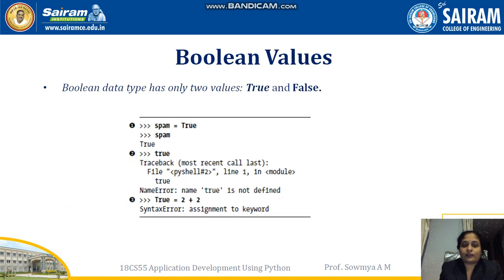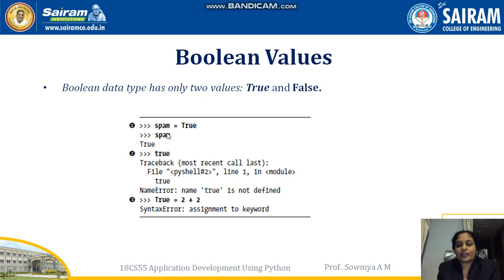Next one is boolean value. We all know there are two values in boolean: one is yes, the second one is no, which is represented in the form of True or False. In Python we have boolean data types which represent True or False. It has a syntax to be followed: in True, T should be capital and the rest, RUE, small letters, and F in False is capital, the rest small letters.